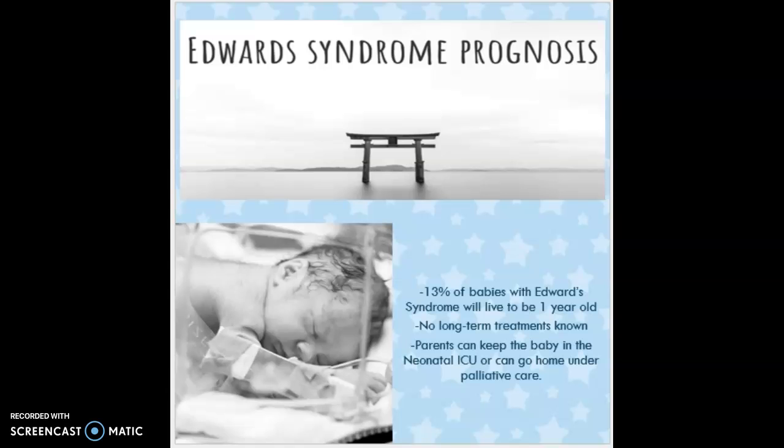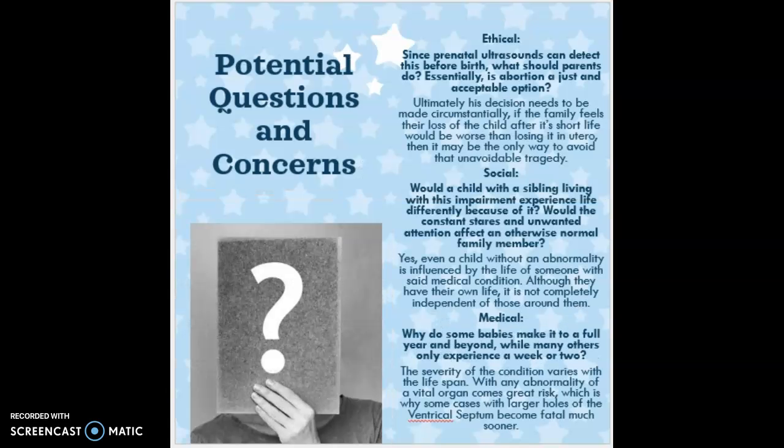Since this condition is very fatal and not very well known, there are many potential questions and concerns, both from the public and also from families who may have a member with the condition. These span 3 different genres and groups, those being ethical, social, and medical.